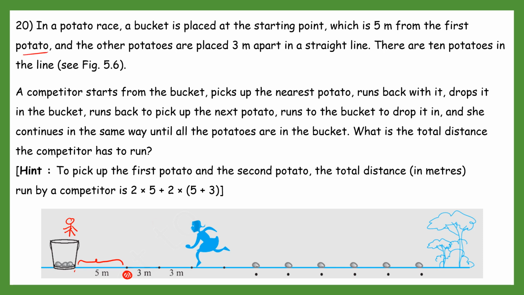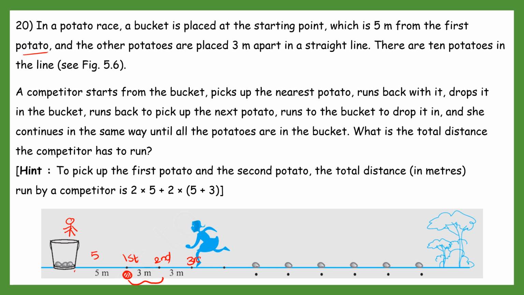And the other potatoes are placed 3 meters apart in a straight line. So all the other potatoes will be 3 meters apart. Here this is the first potato, which is 5 meters from the bucket. Now this is second potato. Second potato is 3 meters from the first potato.